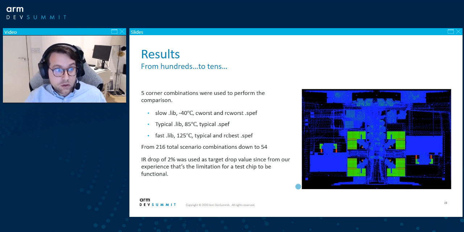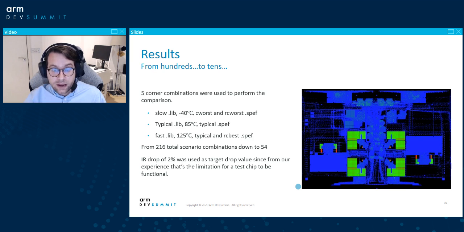So we will sweep all the corners from the best one that we considered as being the slow library, -40 degrees Celsius, C-worst extraction. C-worst is a type of spef extraction. We go to the worst one, which we considered as fast library, 125 degrees Celsius, and RC best parasitic spef file, and highlight the IR drop map differences.